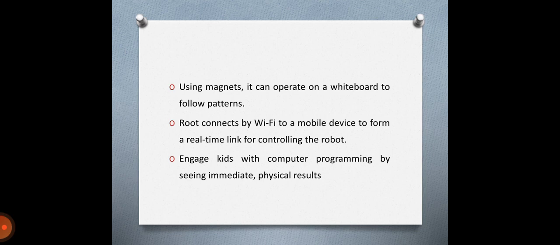It easily connects by Wi-Fi to a mobile device to form a real-time link for controlling the robot. It engages students with computer programming. They can see the immediate and physical results.